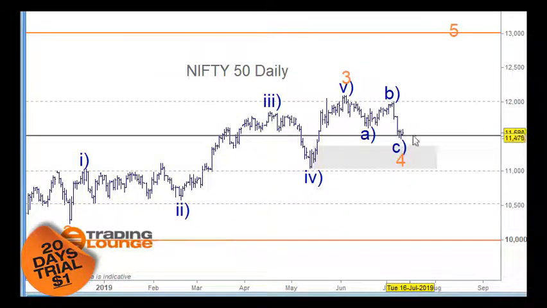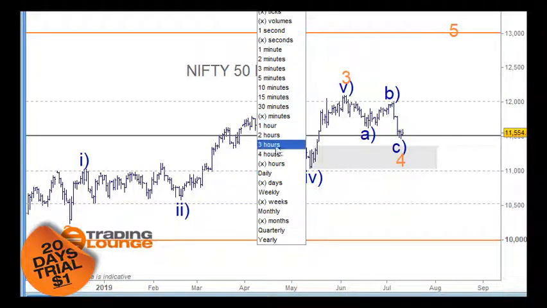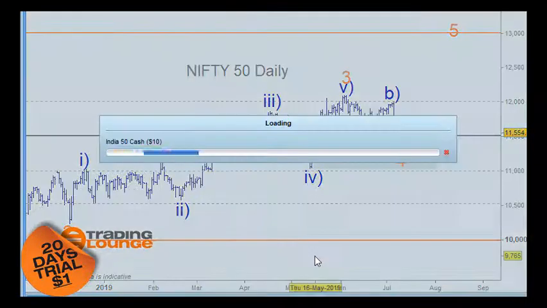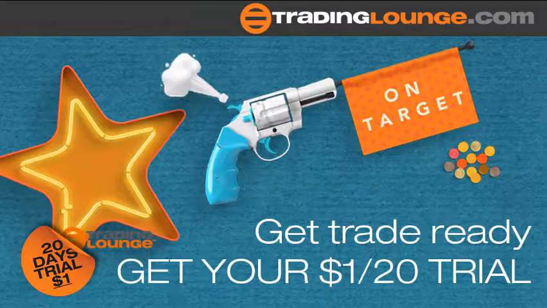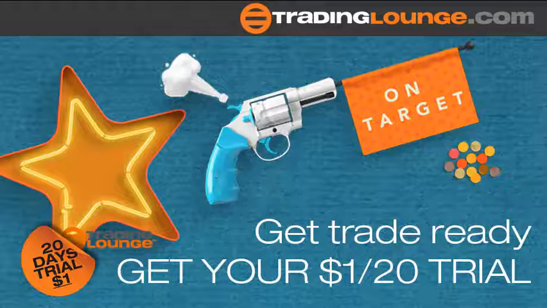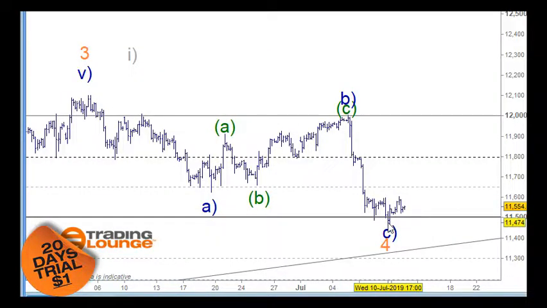There may be some more jiggling around in here before we've finally finished with this. I thought we may have had the low in here, but we've got ourselves another low, and that's okay as well.